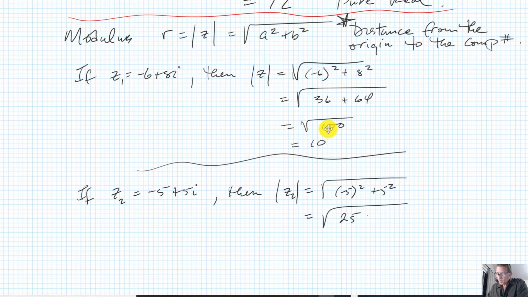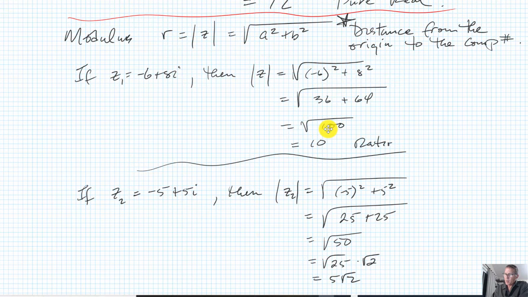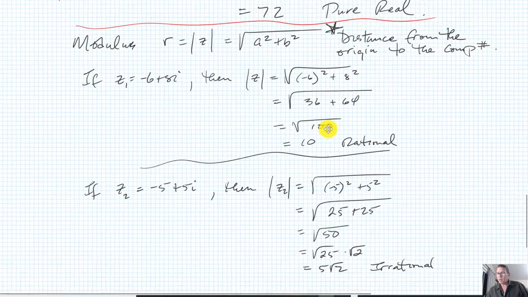Let's take the square root of 25 plus 25, and I get the square root of 50. But what's that? Well, I know that 50 is 25 times 2, so this is root 25 times root 2, which is 5 root 2. So sometimes it's rational, sometimes it's irrational. Root 2 is irrational, as you guys know from previous units.